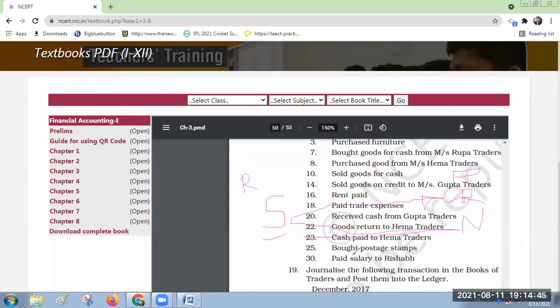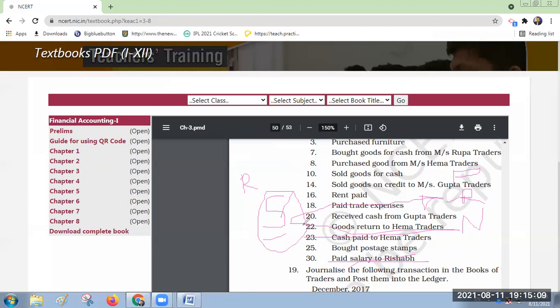Yes, sir. So you paid salary to Rishabh. What is the principle in a nominal account? Debit all expenses and losses, credit all incomes and gains. But you are crediting it, which means you are treating it as income for you. Is it income when you are paying Rishabh? No, sir.